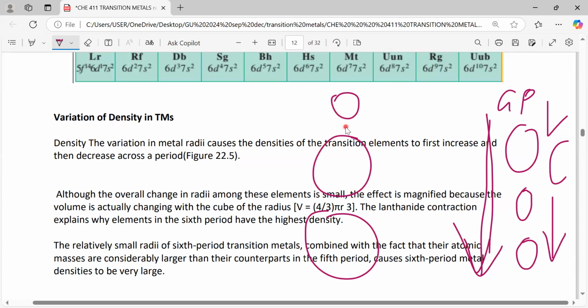So we're expecting this will be smaller but still heavier. This one will be bigger but heavier. So for ordinary main group, density will be decreasing as I move down like that. But for transition, as I move down, density will increase.